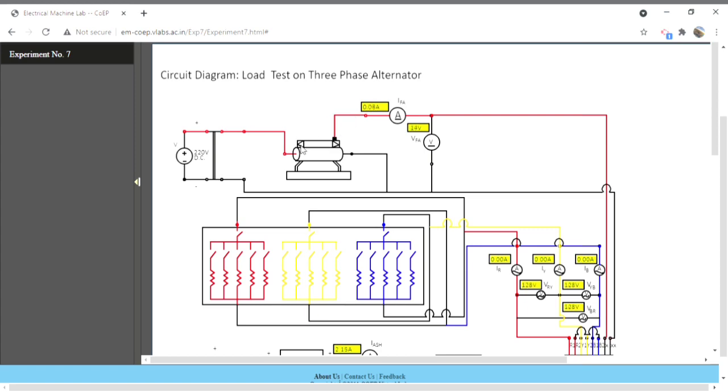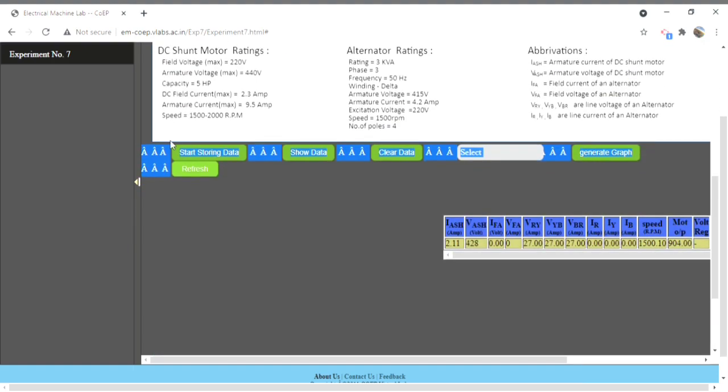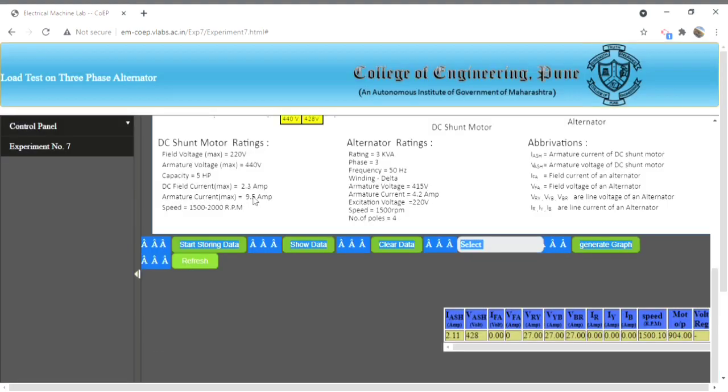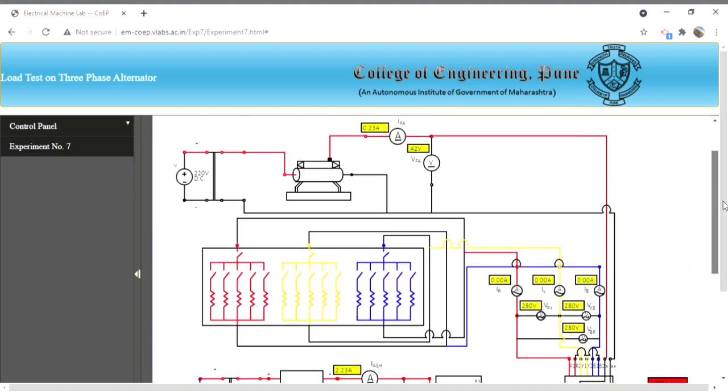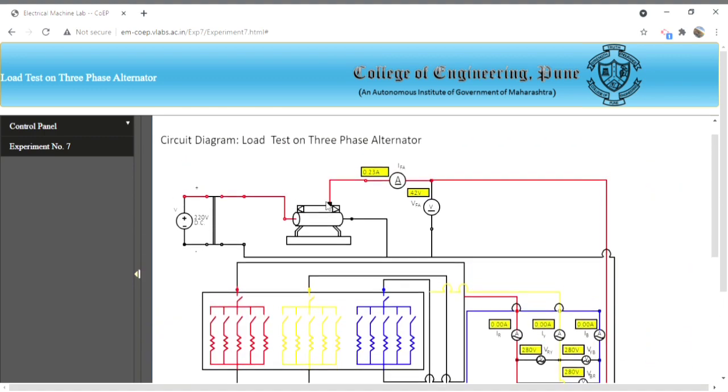And then by varying the rheostat, the voltage also changes. Again, I store the data. This is under no load condition, remember.